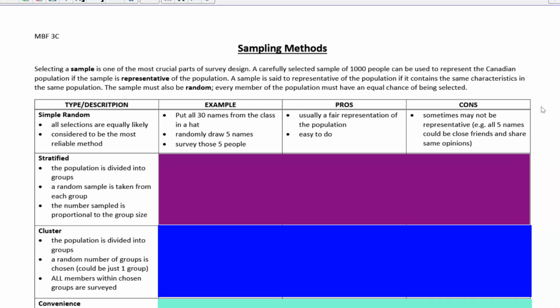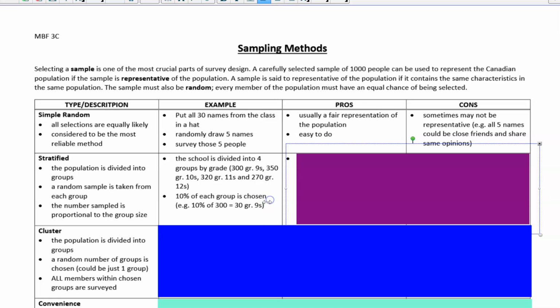The next example is stratified. This one's a little bit more complicated, but the population is divided into groups, and then a random sample is taken from each of the groups. The sample from each group is proportional to the size of the group.